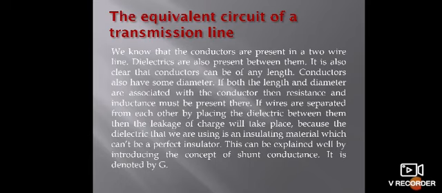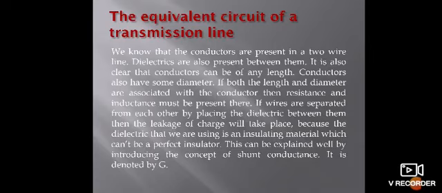Why we are saying this: if we have a transmission line, conductors are present in the two wire line, and in that we have a dielectric such as air present between them.